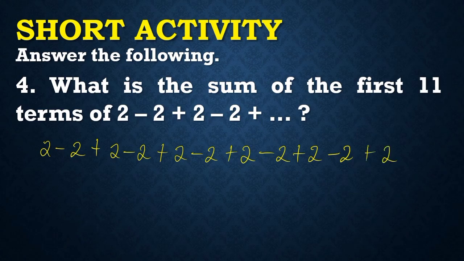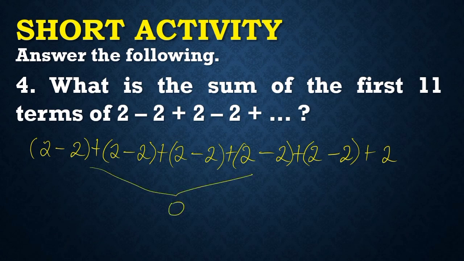Kapag sinulat na natin yung 11 terms ng sequence, i-group natin kagaya ng ginawa natin kanina by 2. Kapag gin-group natin yon, yung 5 pairs na nakasulat dyan, ang sum ay 0. And then, yung pang-11 term, mag-add tayo, so plus 2. So, ang sum ng given sequence natin na ito ay 2.